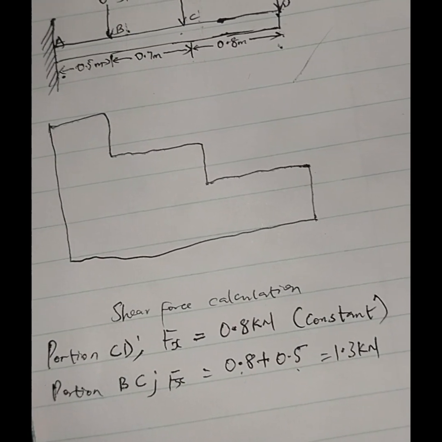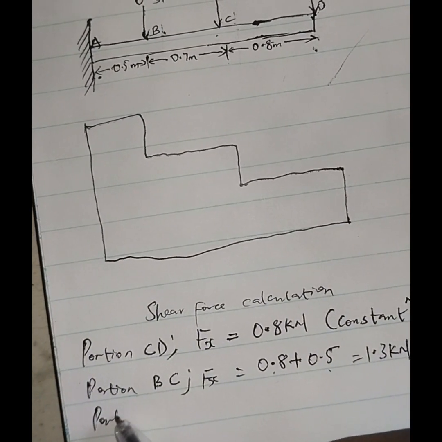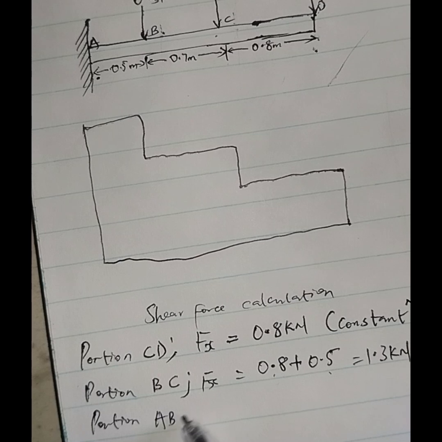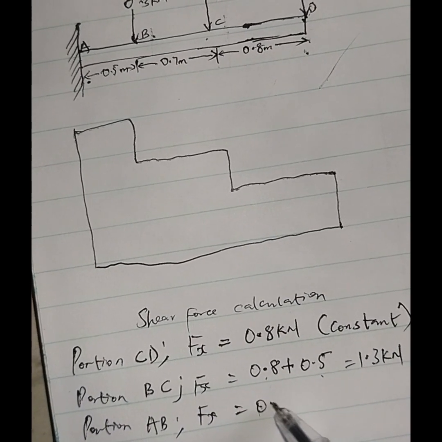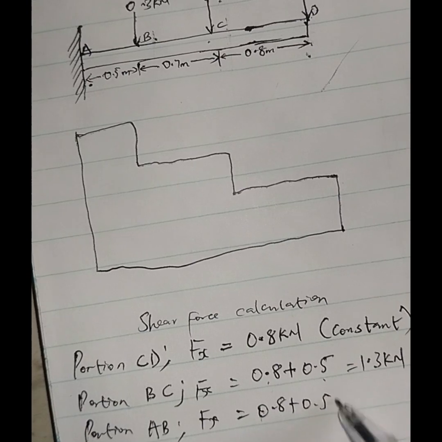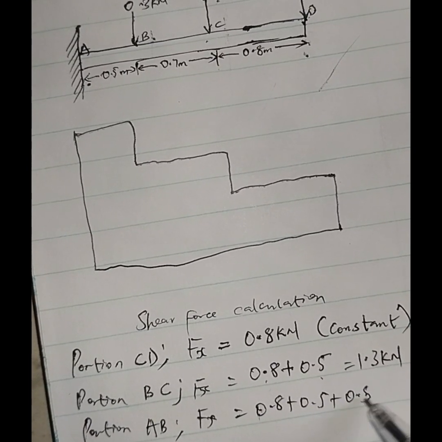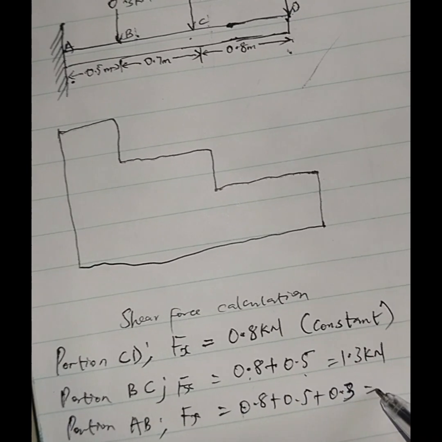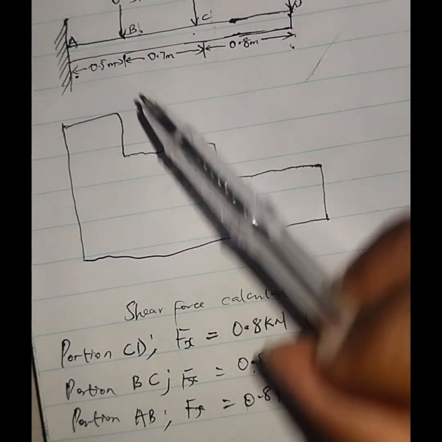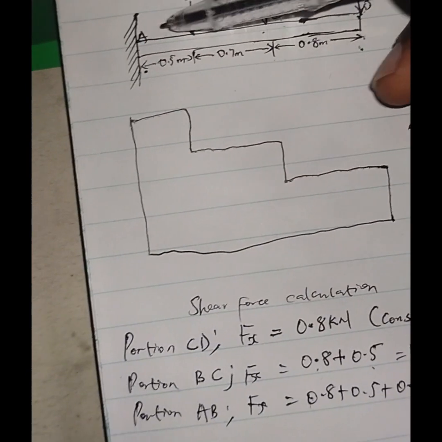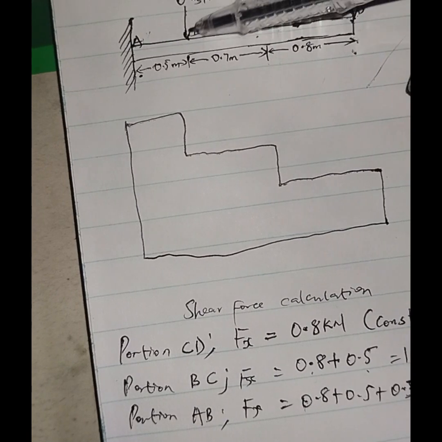So now portion AB, we have that f of x is equal to 0.8 plus 0.5 plus 0.3. That is equal to 1.6 kilonewton. Why did I add 0.3? Because now we're cutting this beam from A, so I can see the 3-point loads.